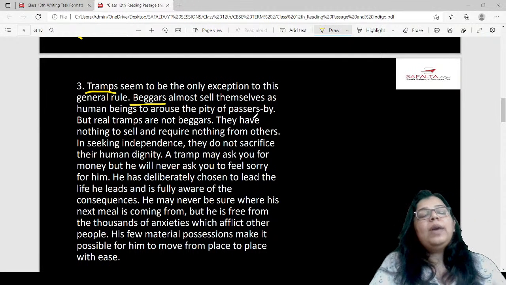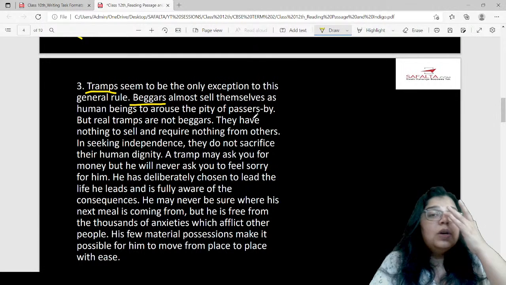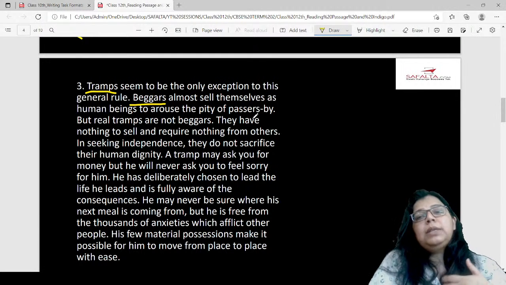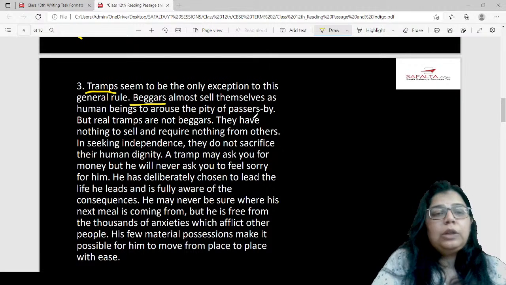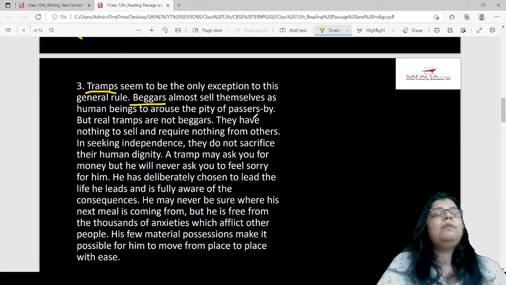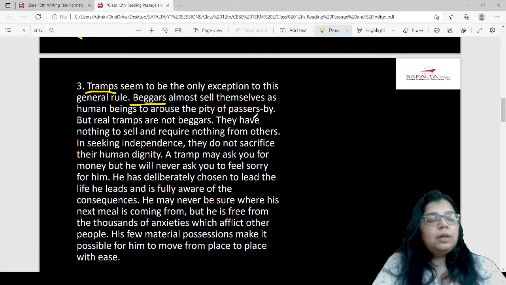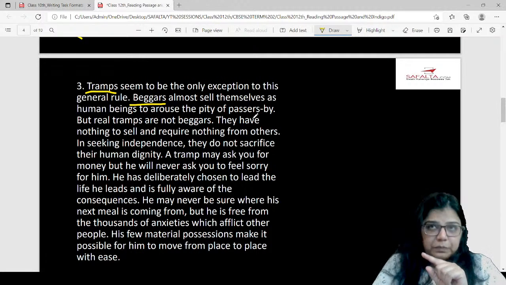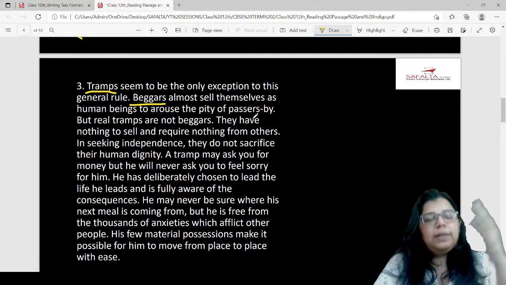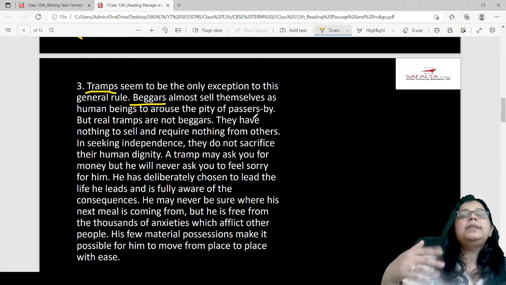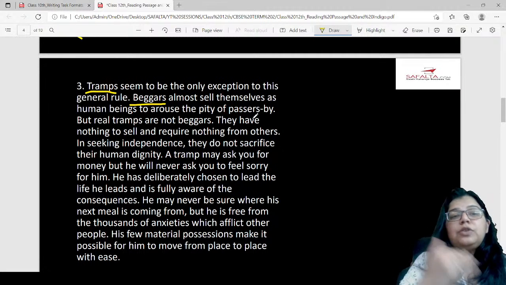Okay. Now, everybody has something to sell was what the first question was. I mean, the first question was, what is the meaning of this statement? So we went to the first paragraph. We scanned the paragraph. We saw the line, everyone has something to sell. And then we read it. We got our answer. Then the second one was, what is the difference between tramp and beggar?